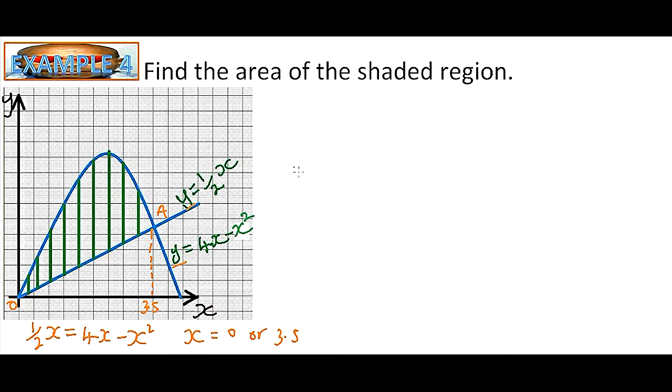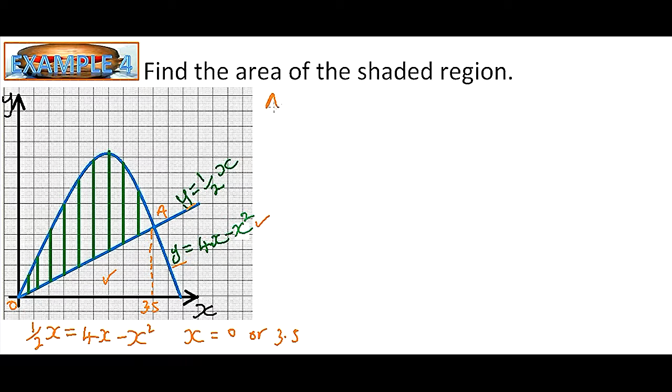Once we find that point, then we can get the shaded area by integrating the function y is equal to 4x minus x squared, and we minus the area under the curve y is equal to a half x up to 3.5, which forms a triangle.